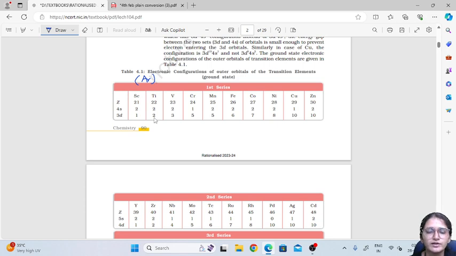If you know the configuration of one of these elements, you will easily remember the configuration of the other elements. How will you remember? See, scandium is 21. After argon, how many electrons? 3. So it will be 3d1 4s2, because argon is 18 plus 3 is 21.